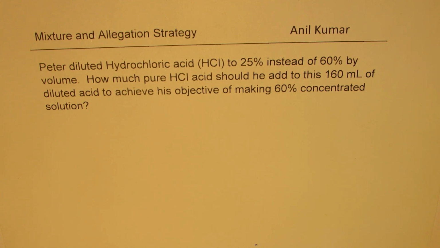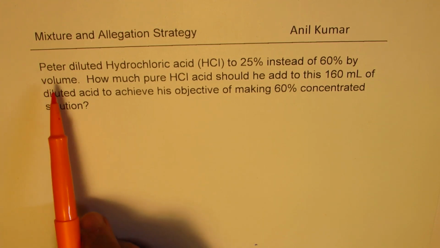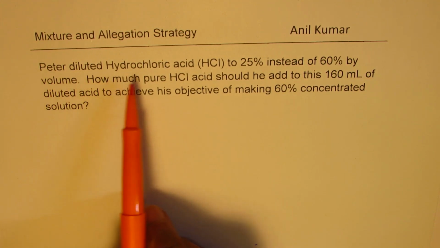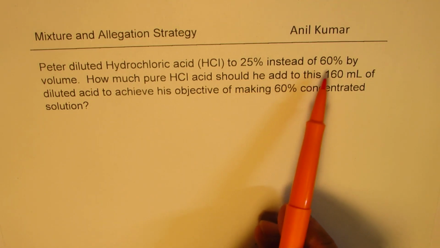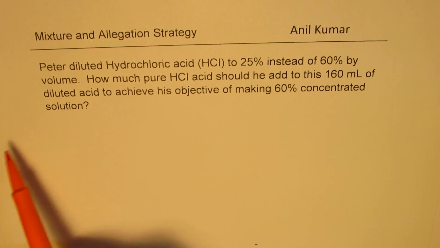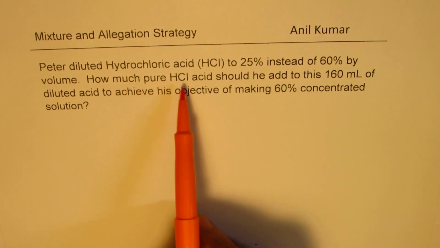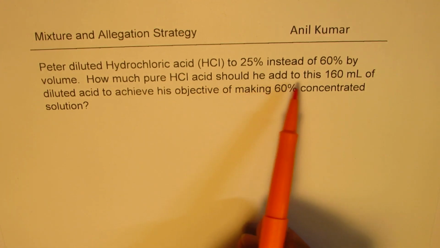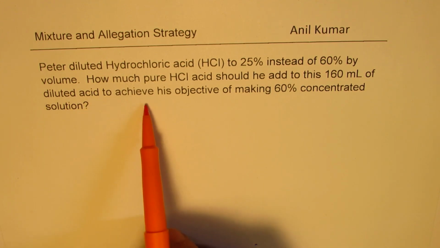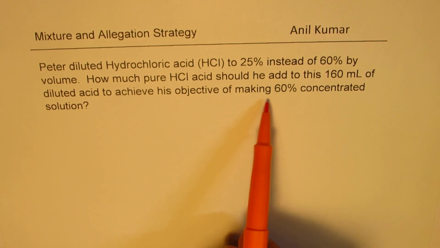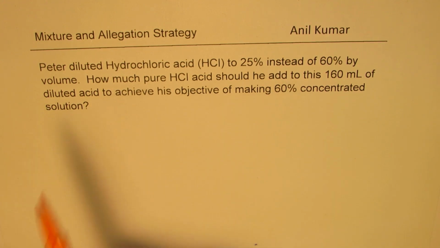So the question here is, Peter diluted hydrochloric acid to 25% instead of 60% by volume. How much pure hydrochloric acid should be added to this 160 milliliter of diluted acid to achieve his objective of making a 60% concentrated solution?